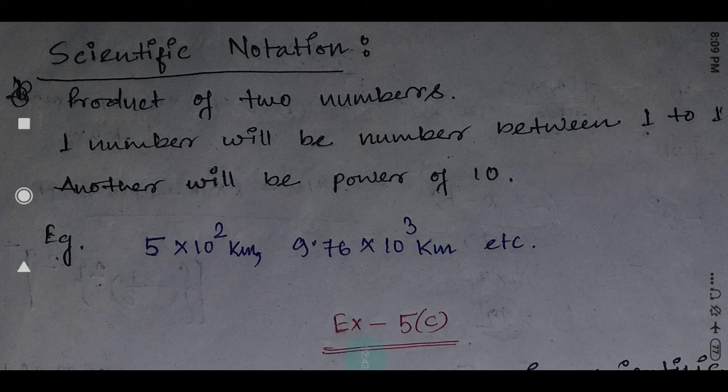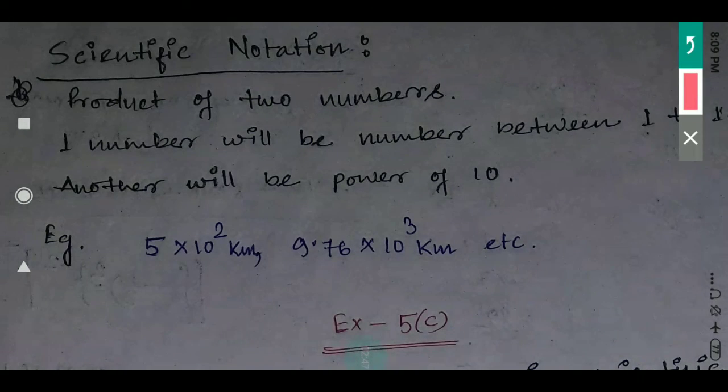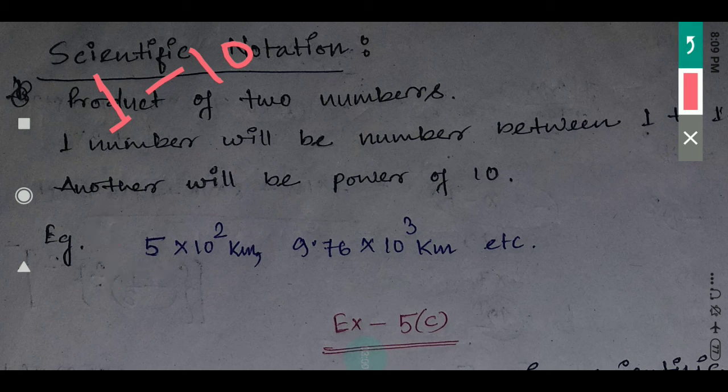Between 1 and 10 you can take any number. Suppose I have taken 2, or you can take 4 or 5, any number between 1 and 10. Suppose you have taken 4. So this 4 is between 1 and 10.